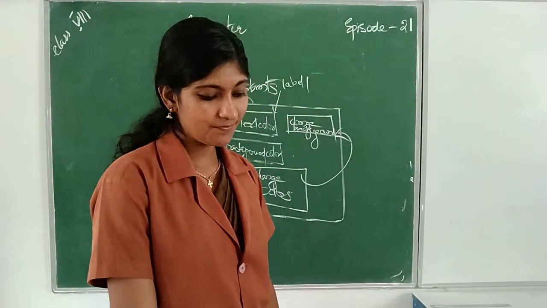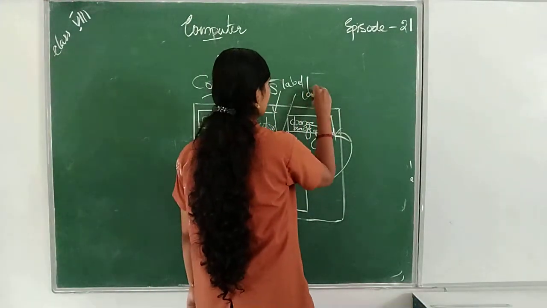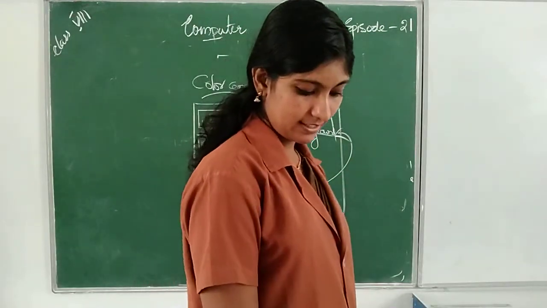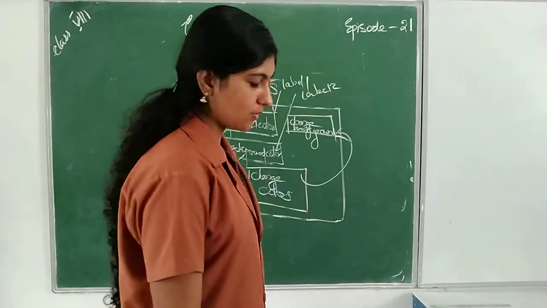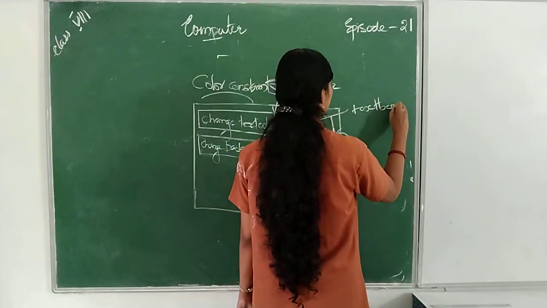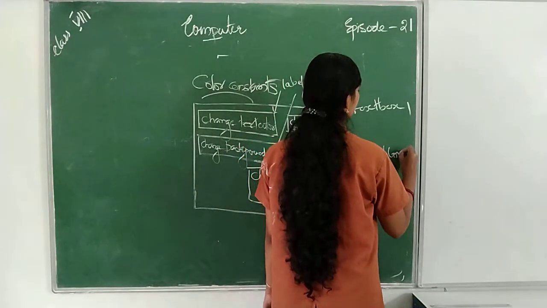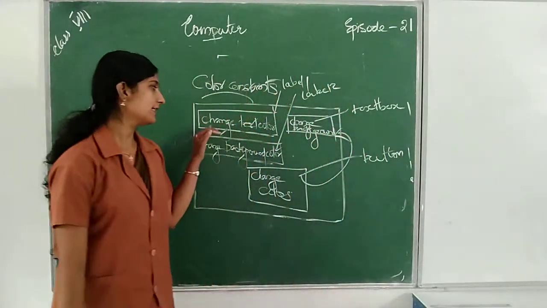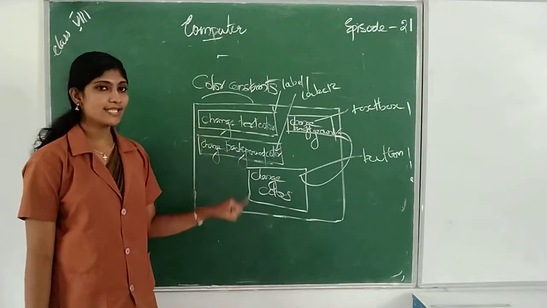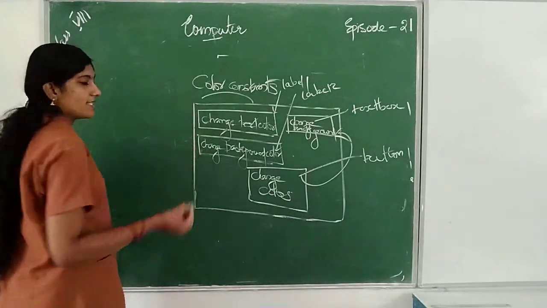So first this is label 1, label 2, then text box 1, button. So first we need to change the color of the text. Which color? Red color. So what is the syntax?